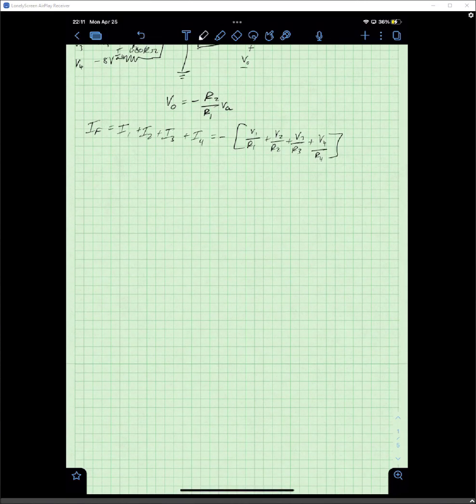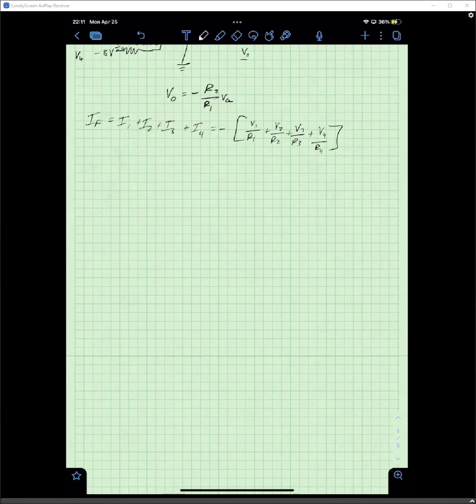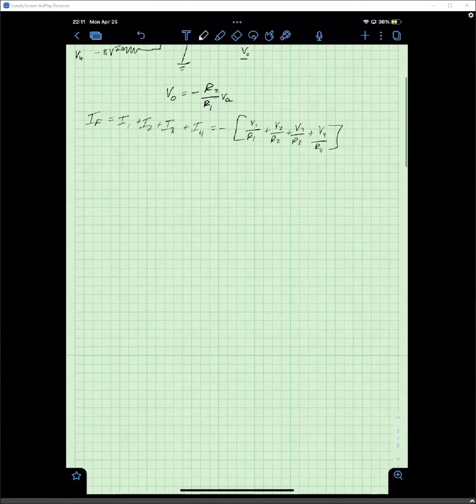So now we can substitute this into the inverting gain equation. So that would be V sub 0 equals negative RF times V1 over R1 plus V2 over R2 plus V3 over R3 plus V4 over R4.